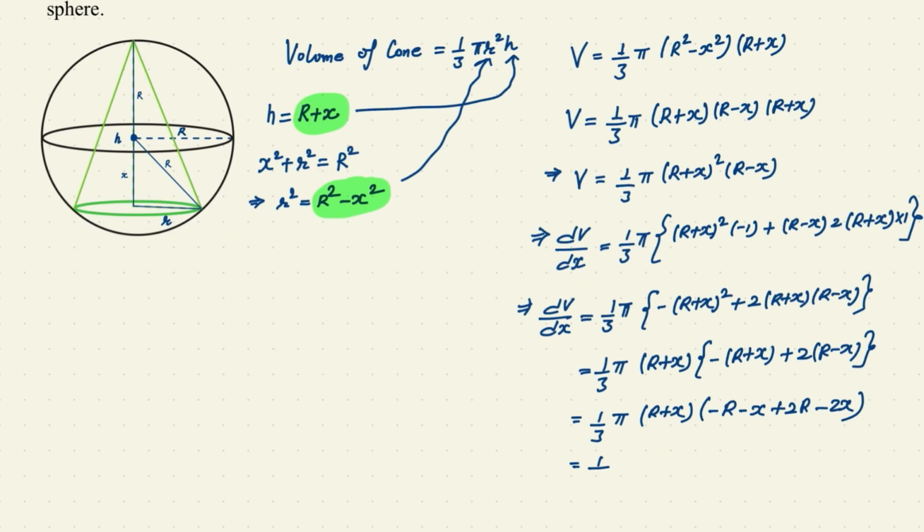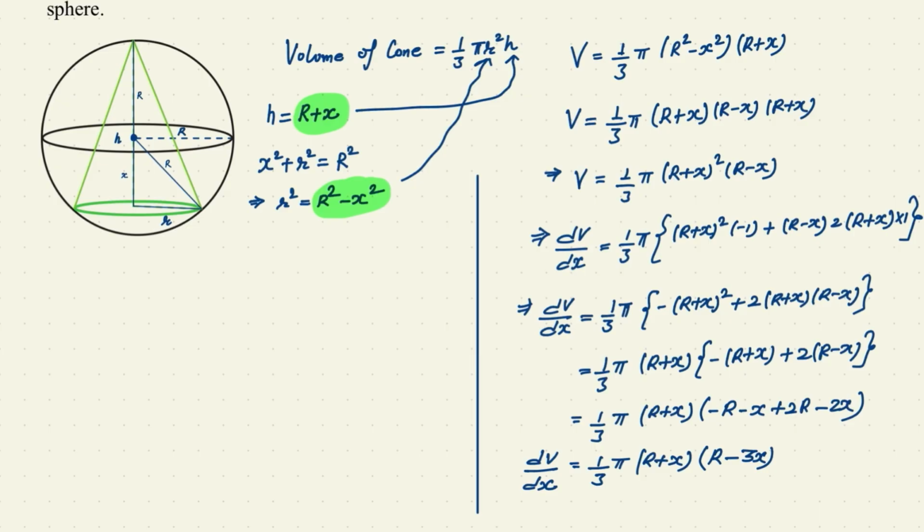So this will be equal to 1 by 3 pi (R plus x) into (R minus 3x). So this is the first derivative, that is, this is f dash of x.